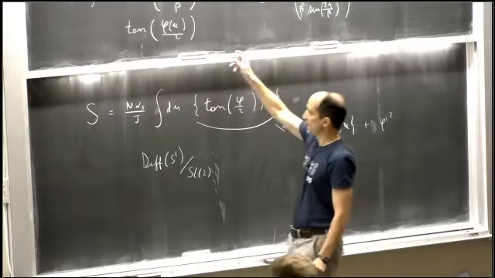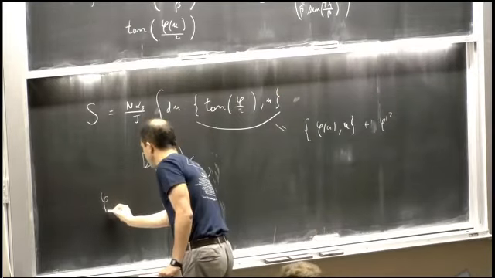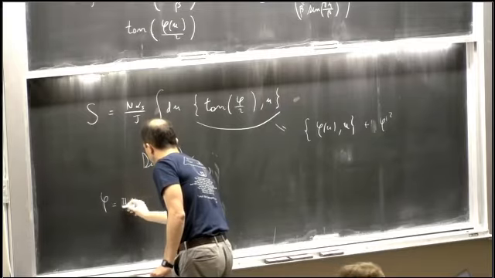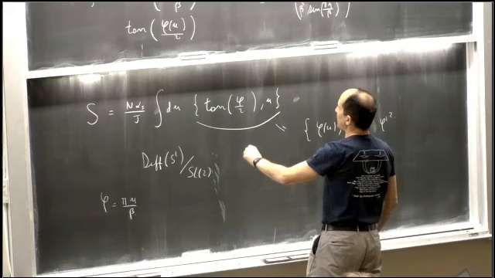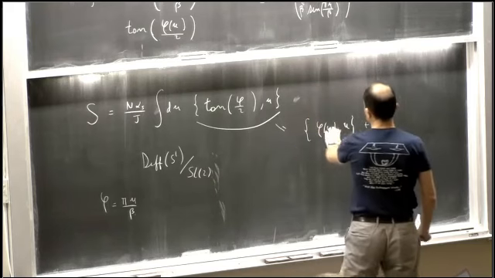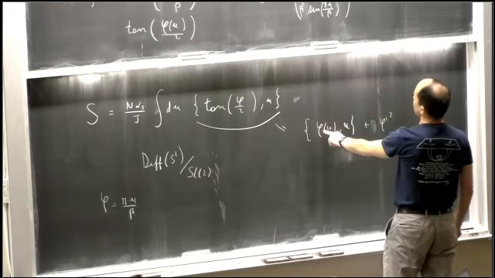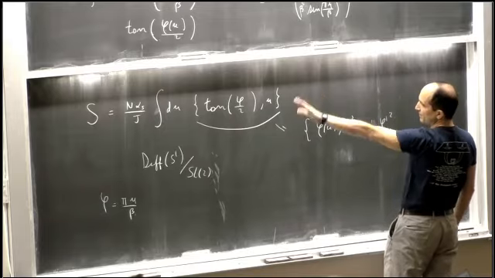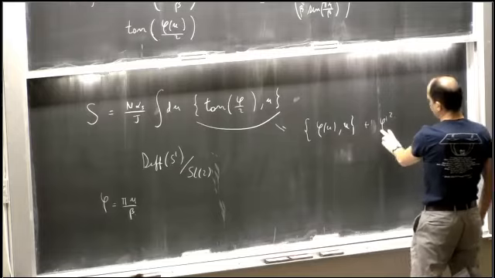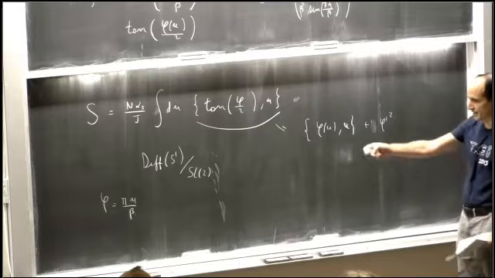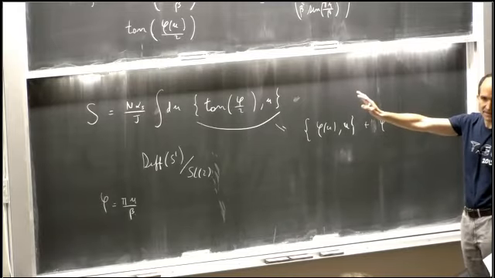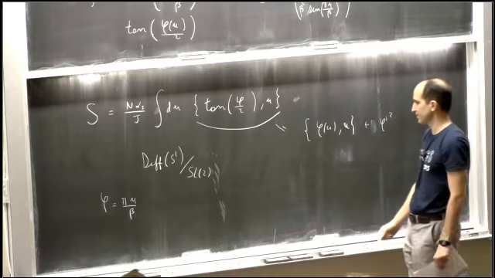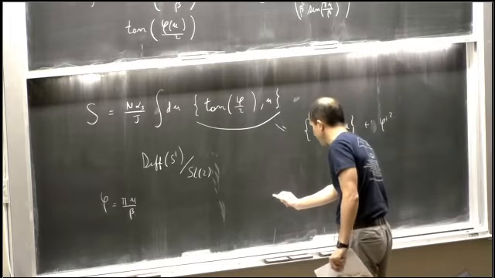Now the thermal solution corresponds to taking phi to be pi u over beta, and then you can insert this in here. This term contains second derivatives of phi, so that term does not contribute, and then you get a contribution from here, which goes like 1 over beta squared. There is an integral over u that goes from 0 to beta, so the total final contribution is a factor of 1 over beta.